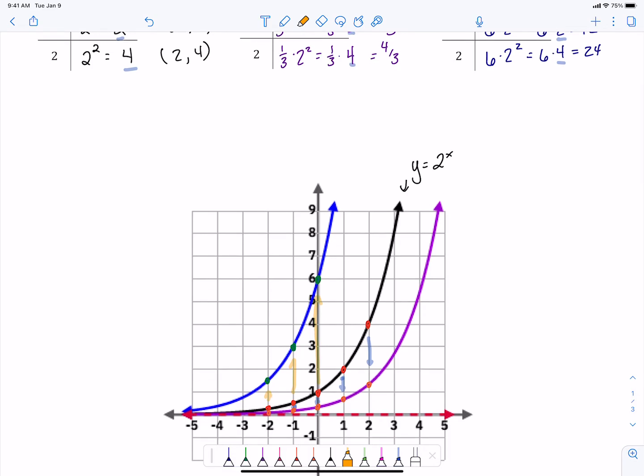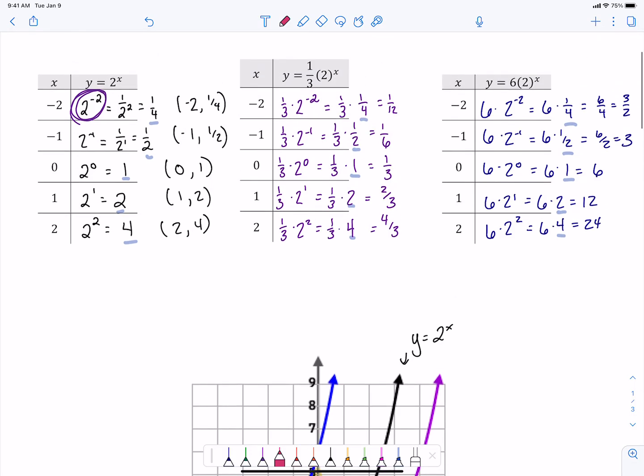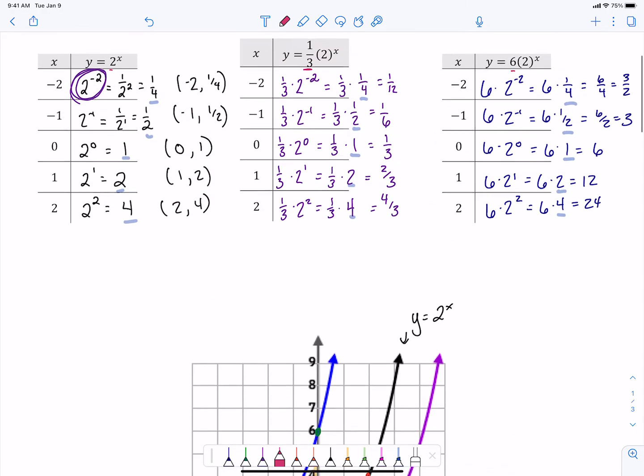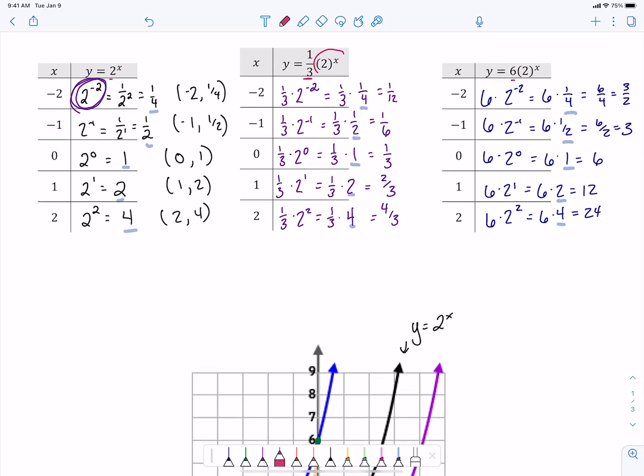So what's not moving is our asymptote. Our asymptote is staying put at y equals 0. And that's because no matter if we multiply by this number out in front or we don't, when we plug in these negative x values we're going to keep getting smaller and smaller fractions from our exponential part, from this part that's 2 to the x.